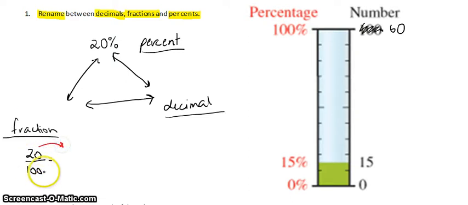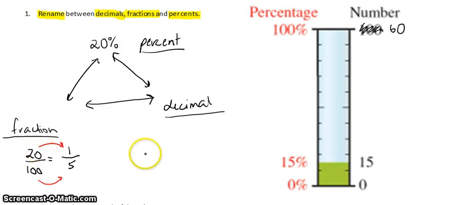We can simplify both of these numbers by looking at the highest common factors between them. So 20 has a common factor of 20 with 100 as well. We can divide 20 by 20 and get 1, and we can divide 100 by 20 and get 5. So we can simplify that fraction, but we know that 20% can be represented as 20 hundredths.